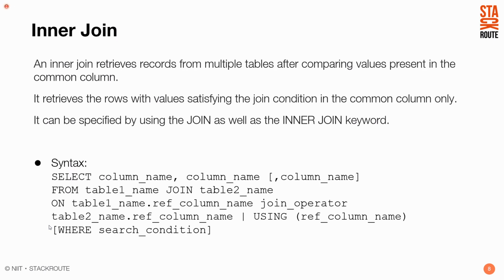Inner join, listen carefully, retrieves records from multiple tables after comparing the values present in common columns. One table's common column will be compared with another table's common column. It will retrieve only the rows which satisfy the join condition. Whenever a value exists in common in one table and another table, those matching records alone will be fetched and displayed in my inner join.